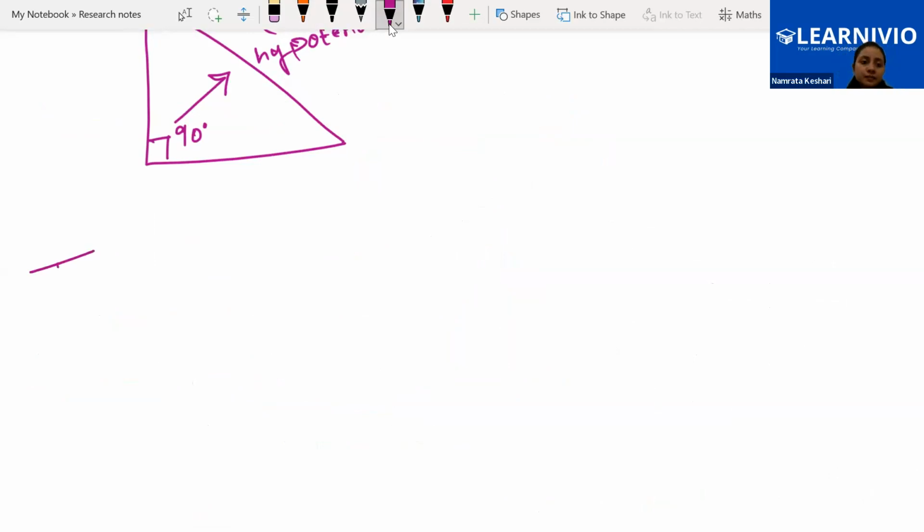The sides opposite. We have already proved that if two sides are same, then the angles opposite to those sides will be same. Now, forget about everything.